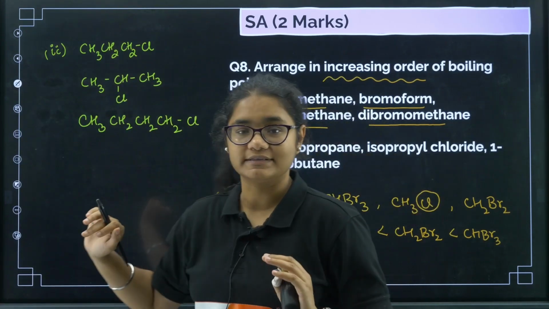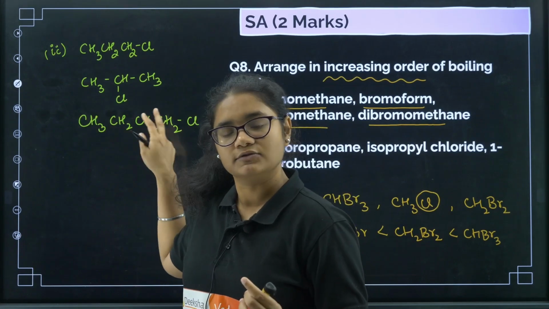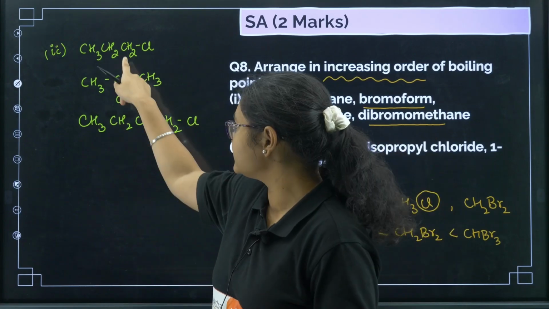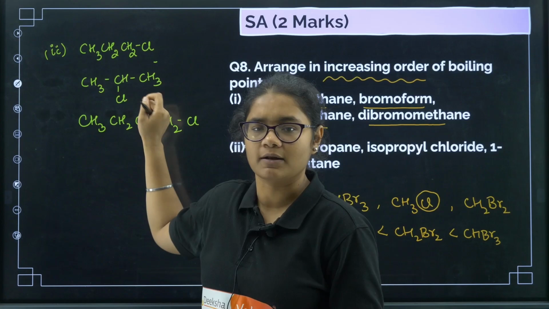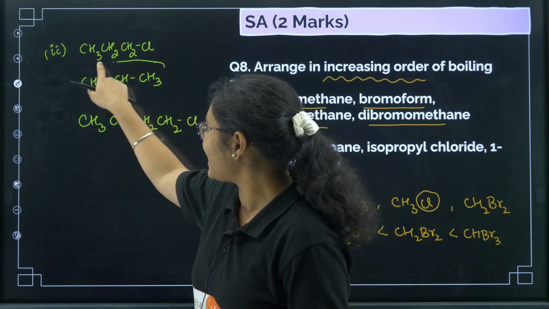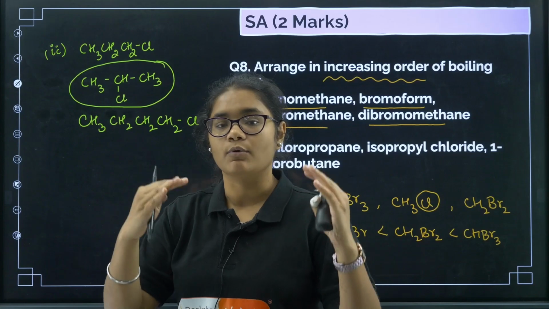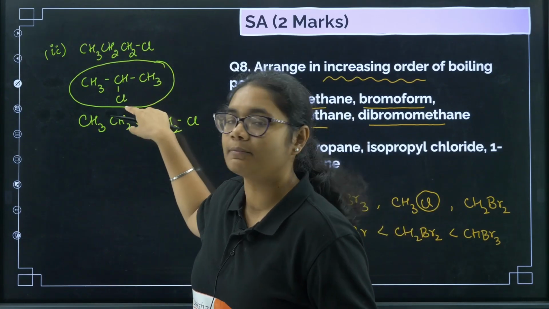The last compound is having 4 carbons, so definitely mass here will be maximum, so this one will be highest, but we need to write in the increasing order. So out of these, which one will be least? Here also you see 3 carbon 1 chlorine, here also 3 carbon 1 chlorine, but here we have branching, and due to the branching the boiling point will decrease, right? This is a straight chain, this is a branched chain.